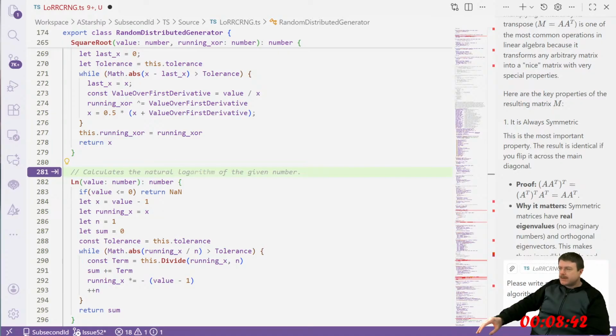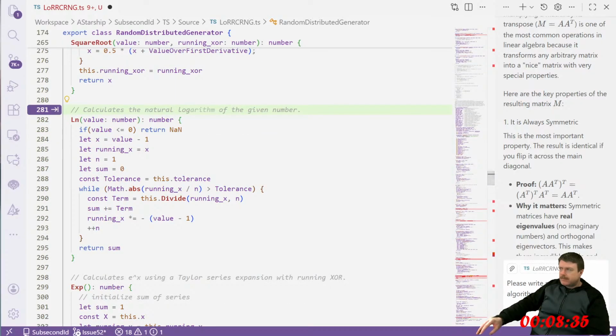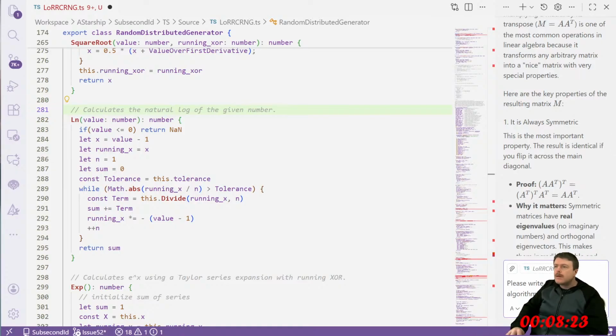It would have to be a natural log. All right. What is that? Newton's method of it?